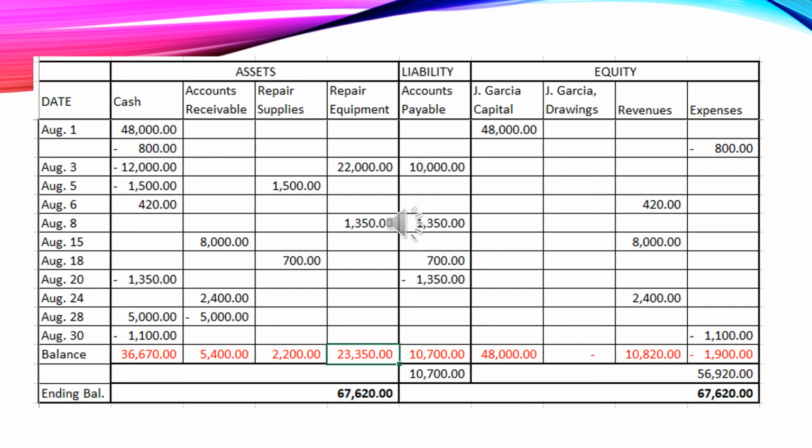For the accounts receivable, we have there 8,000 plus 2,400 minus 5,000 and the balance is 5,400. For repair supplies, we have there 1,500 plus 700. So we have there the total 2,200. And then we have the repair equipment, which is 22,000 plus 1,350.